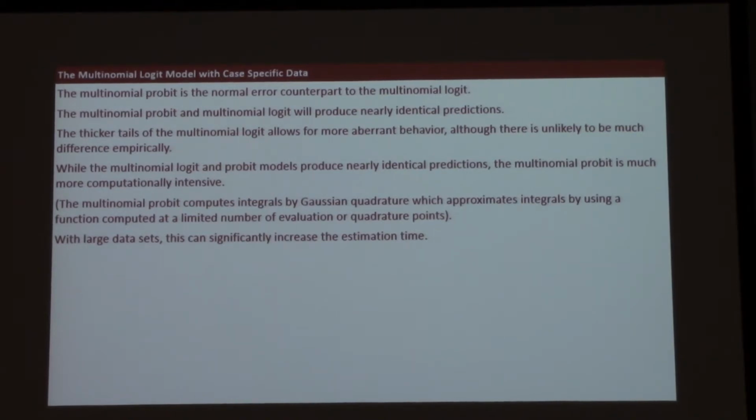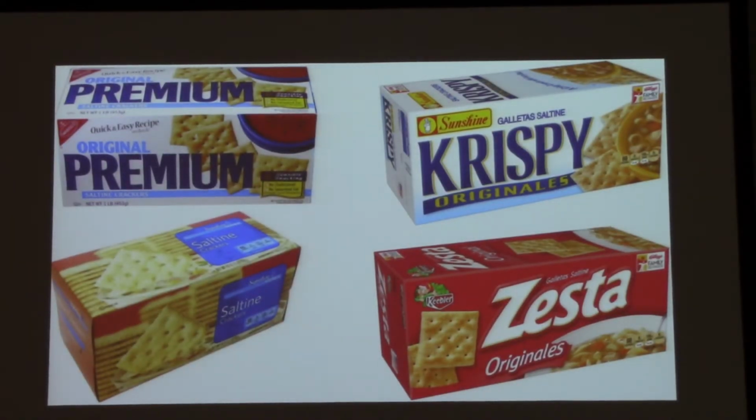So I've got a couple of different data sets. The data set that we're going to look at, we're going to look at two of them. One is soft drinks, and the main one is going to be saltines. Who doesn't like crackers? All right. So we got four choices.